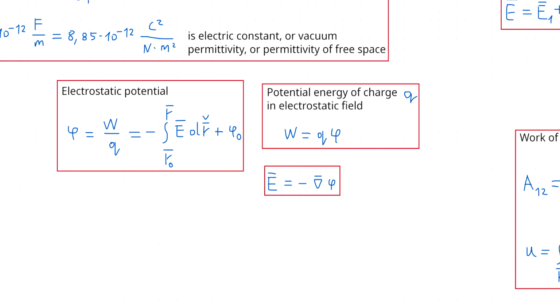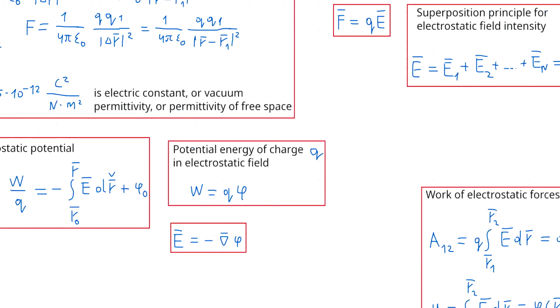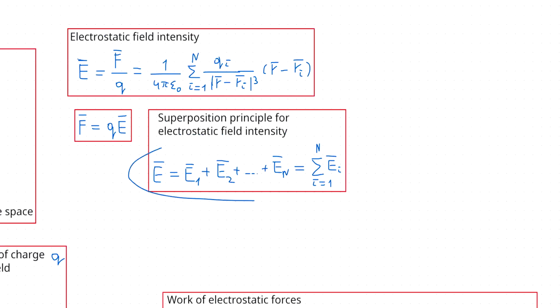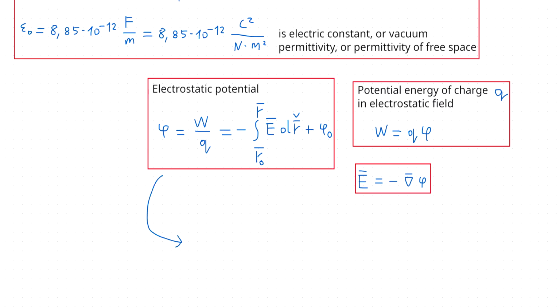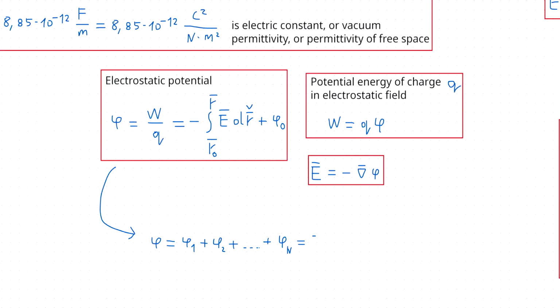We can notice that the electrostatic field intensity, according to this, can be written as a sum of electrostatic field intensities, and from this it means that the electrostatic potential can be written as phi 1 plus phi 2 plus some phi n, and this is the same as the sum for i from 1 to n of phi i.